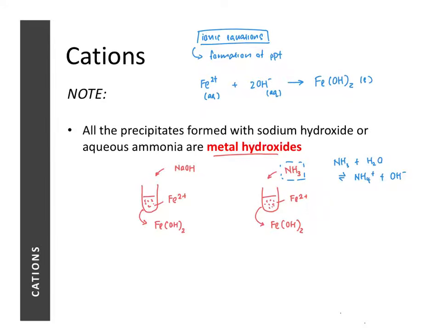So what we have seen here again is the shortcut for writing ionic equations for precipitation reactions. First, we write down the formula of the precipitate, and then in the reactants, we simply write out the ions that make up the precipitate, and they are always 100% of the time in aqueous state.